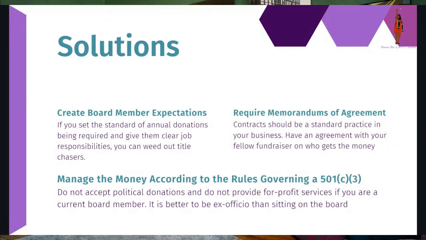And that's okay. You also don't have clear responsibilities for the job. So, one board member, instead of having a clear role in your organization, you can weed out title chasers just by creating clear job responsibilities and expectations.